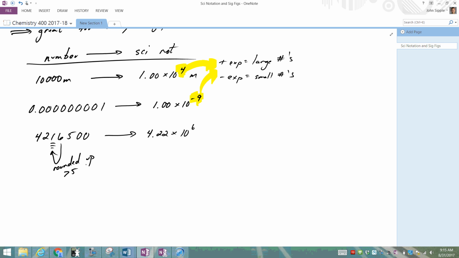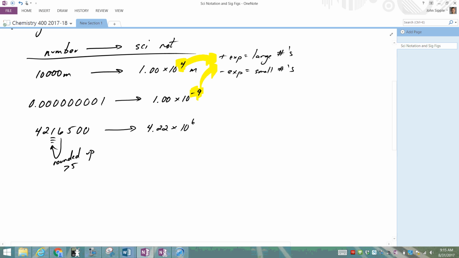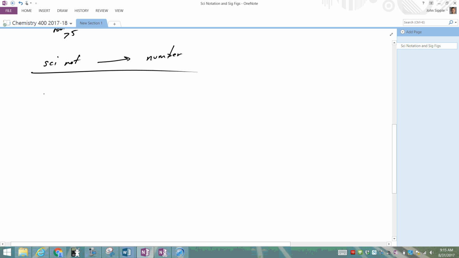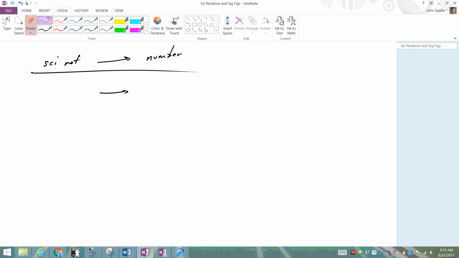All right, so let's take a couple out of scientific notation real quick. We'll go from scientific notation to a number. Let's do 2 of those real fast. Oh, whoops. That's not what I want to do. I want to go from scientific notation to something else.